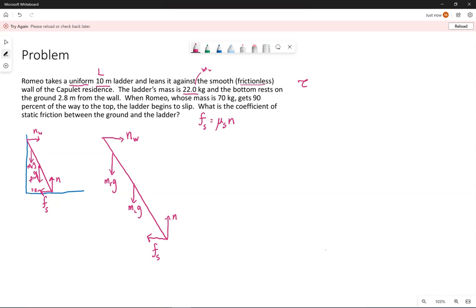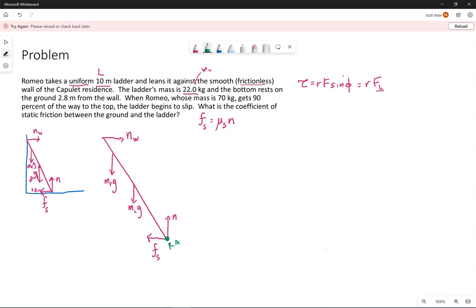We know torque is R F sine phi, meaning R times F perpendicular. We need to take the torque around some sort of rotation axis. And as I've mentioned before, I recommend putting your rotation axis at the location where you have the most unknown forces. In that case, that means the rotation axis would be put at the bottom.